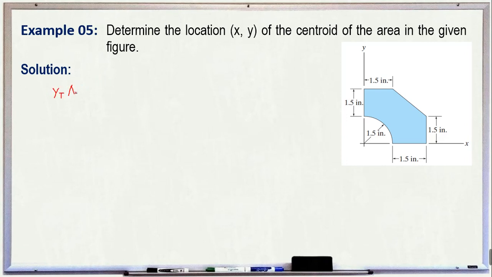y_t times total area equals, since we already have a division for this complex figure, we already divided this into simpler geometric shapes, and we arrived at four geometric shapes. So we have y1 area 1 plus y2 area 2 plus y3 area 3 minus y4 area 4.